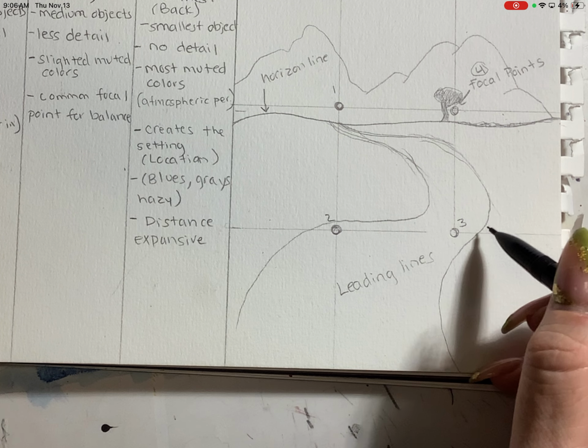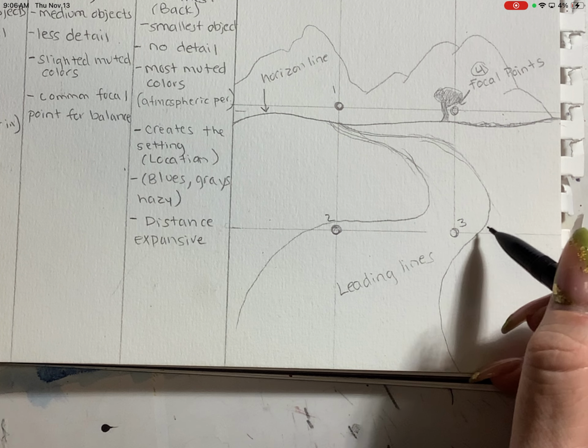And for foreground, it needs to be everything that's closest to you. So if you're standing in front of something, this is where you would draw it. So we're going to draw a big old tree that's going to take up majority of the front.